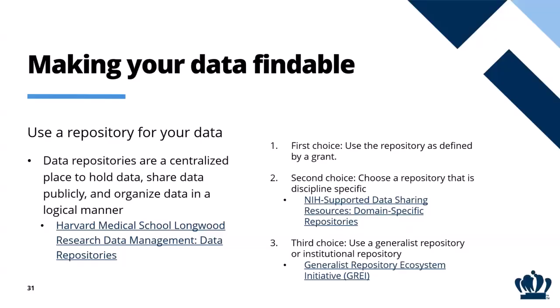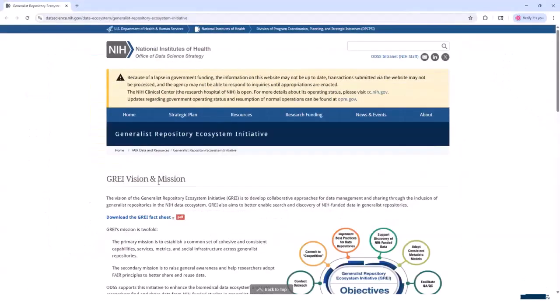However, there might not be a specific repository for all disciplines yet. And in that case, there are reputable generalist repositories that do support a wide range of data and formats. This is the generalist repository ecosystem. Let's see if I can click on it. There we go. It has been supported by NIH.